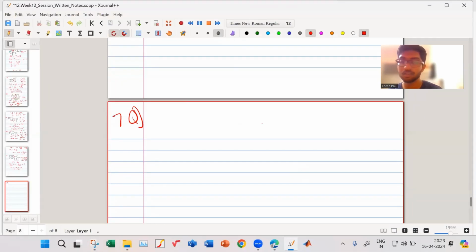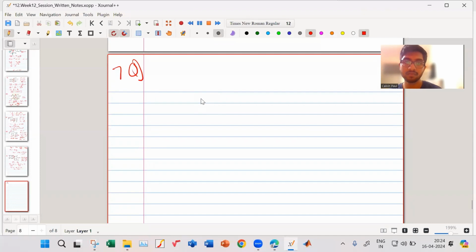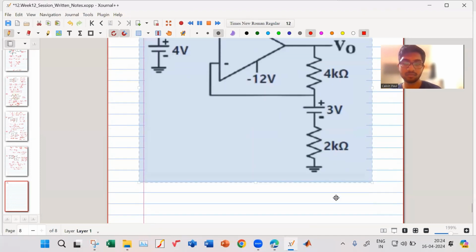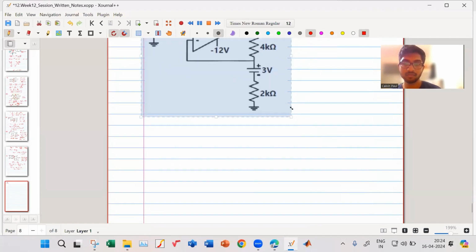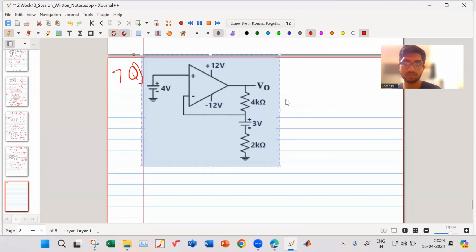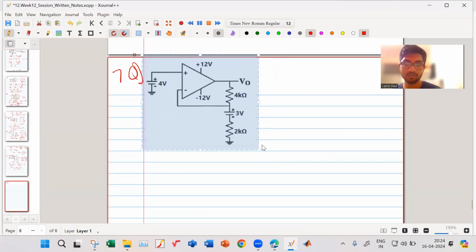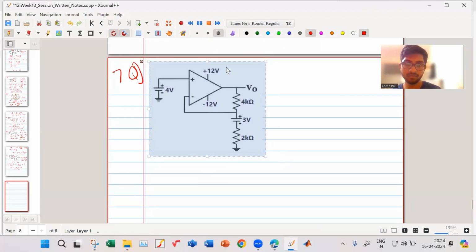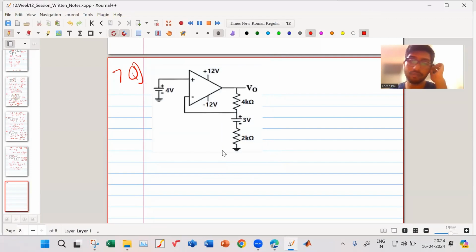So this is question 7. This also will be solved the same way. V plus will be 4 volt.